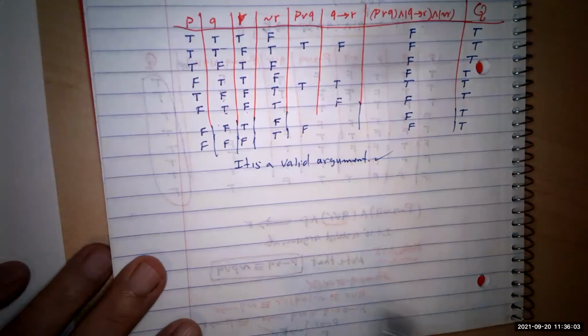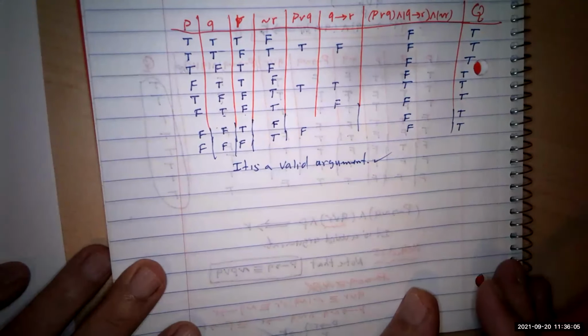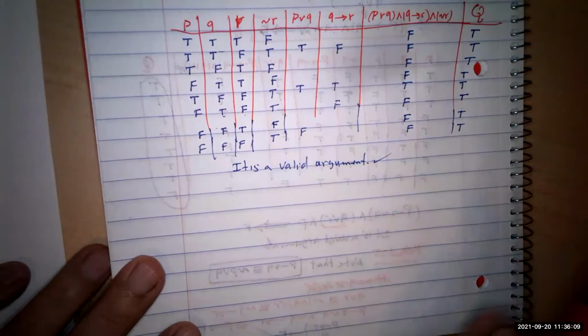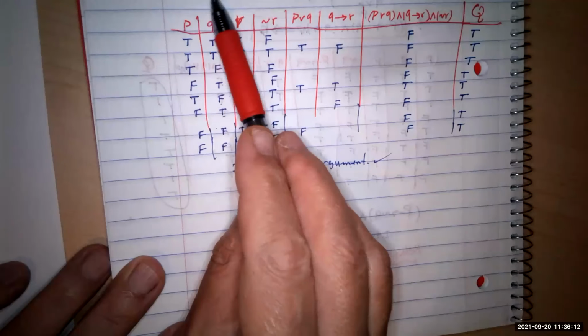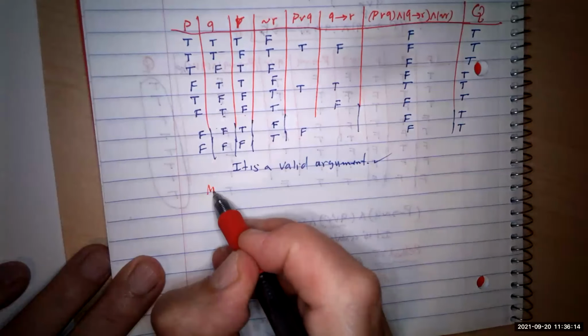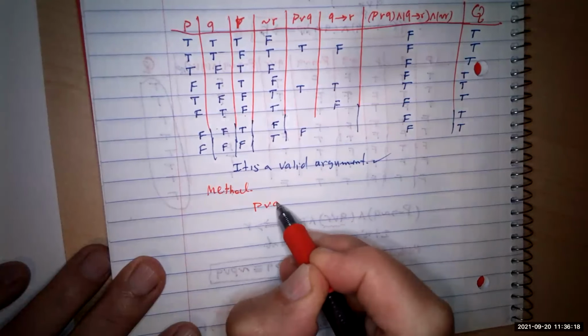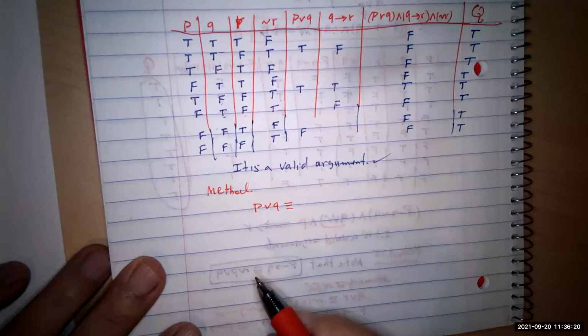So again, if you like algebra, you can change this. The way I did it, I just changed this one into the method 2, the algebra one. I changed this P or Q. I like to change it to the implication.